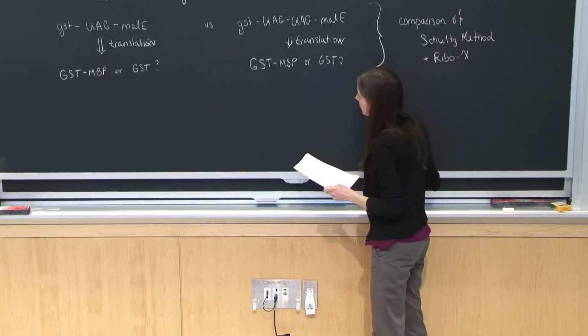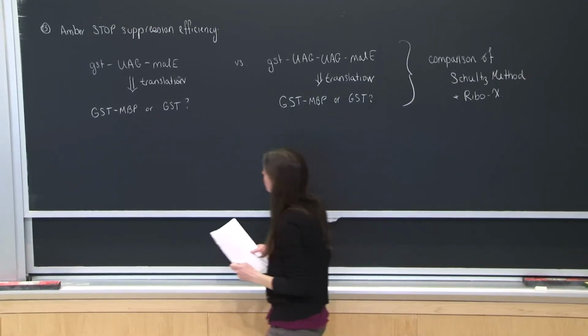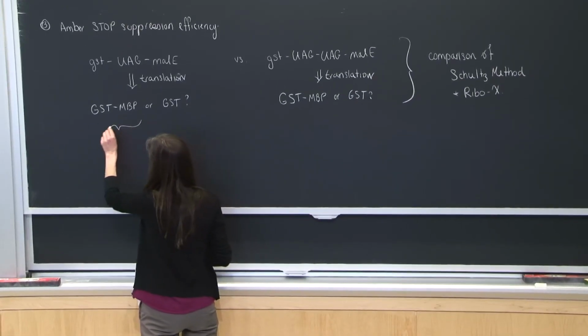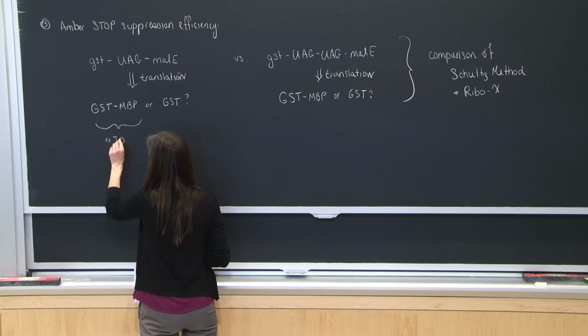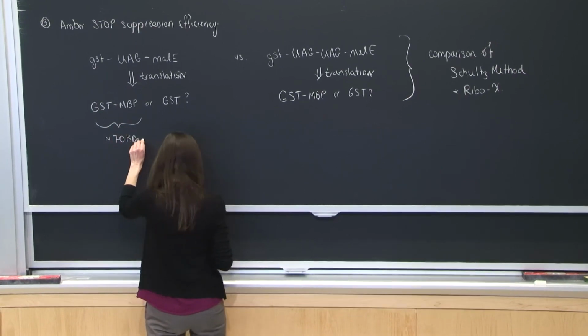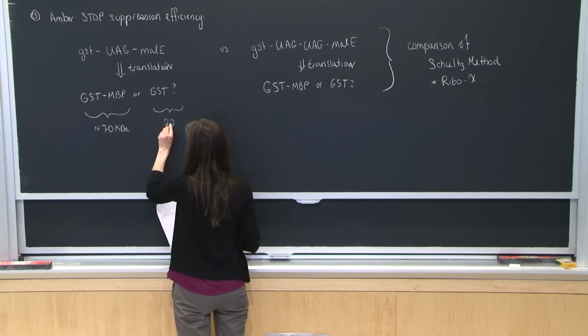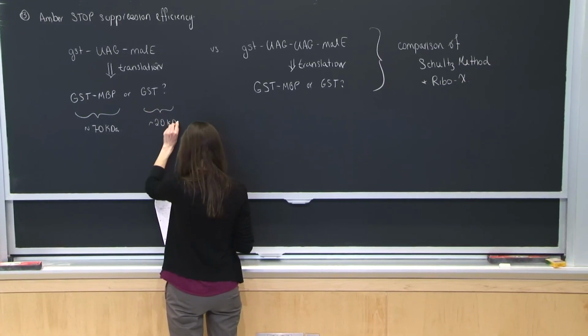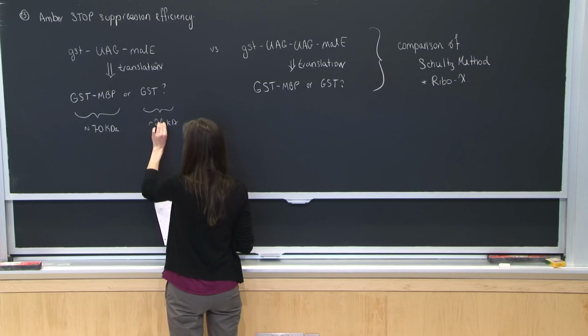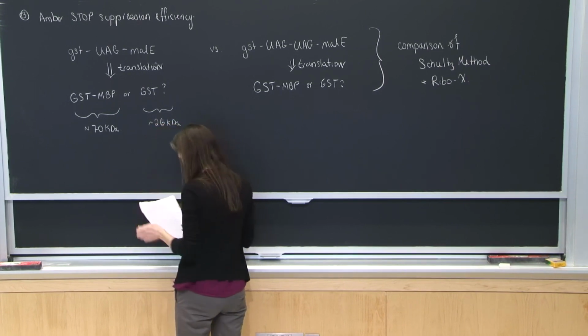Okay. And just in terms of size, so GST-MBP is about 70 kilodaltons. Okay. And GST is about 26, so easy to separate on the gel.